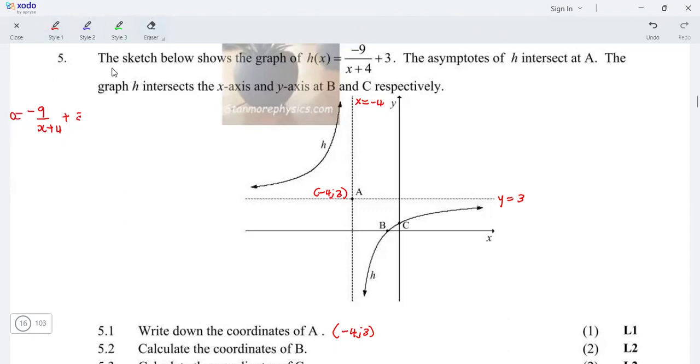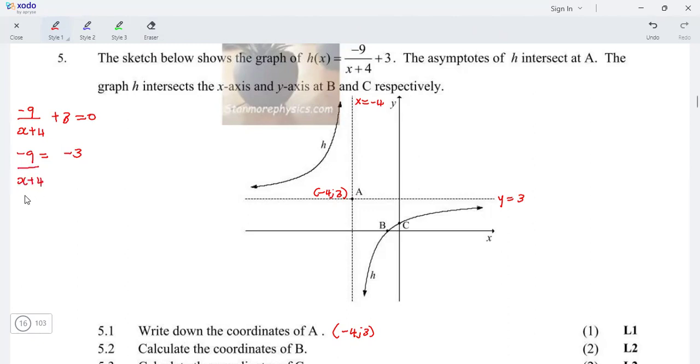So please don't get used to working from one side. So -9 over (x + 4) plus 3 is equal to 0. We're going to take the 3 over, so it's going to be -9 over (x + 4) is equal to -3.